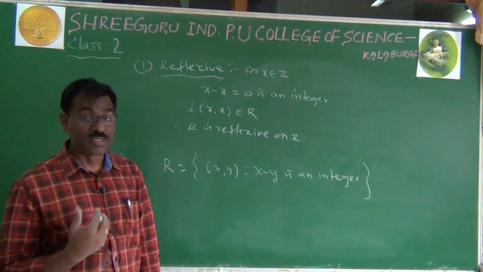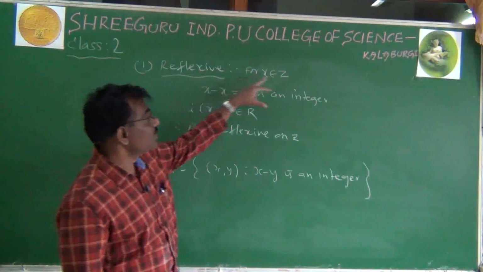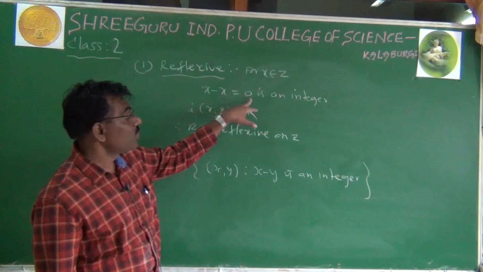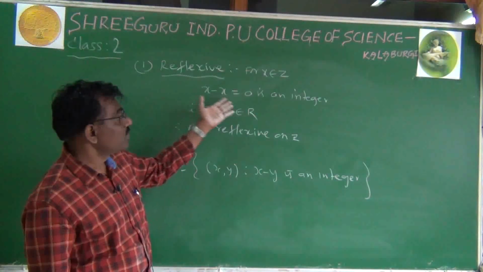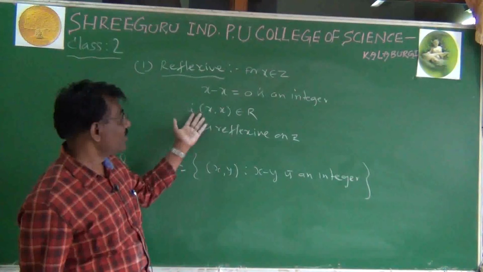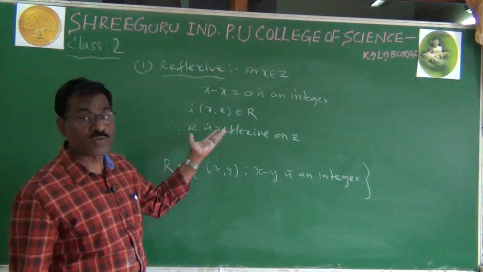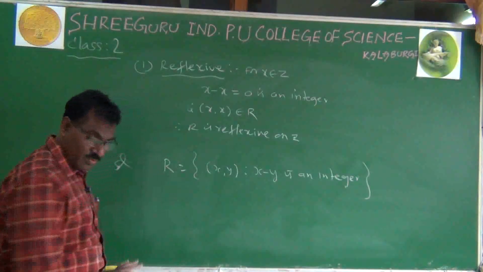I am telling you, it is easy only, but for students it's very difficult. X belongs to Z. X minus X is 0, which is an integer. The difference of two integers is 0, so each element is related to itself. X comma X belongs to R means R is reflexive on Z. Now it is reflexive.